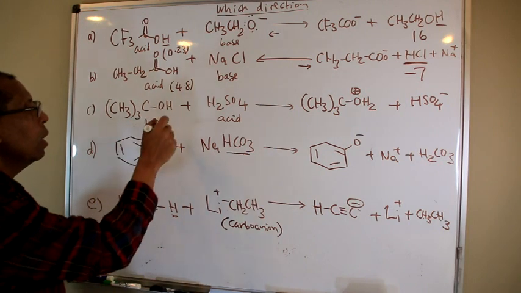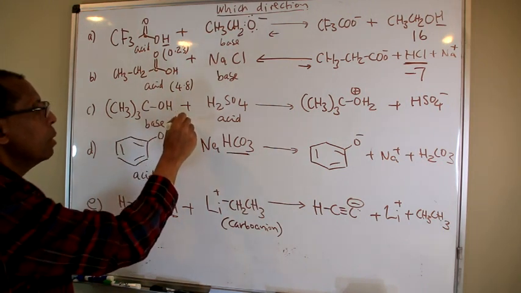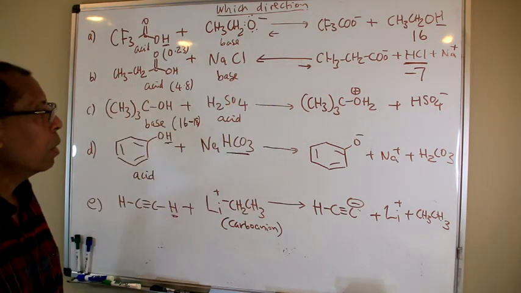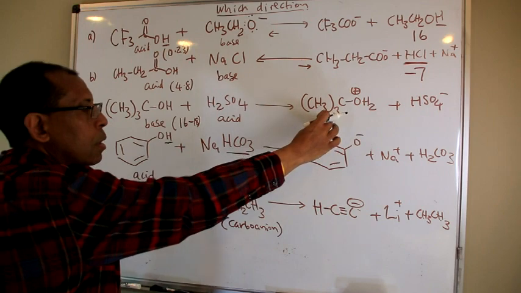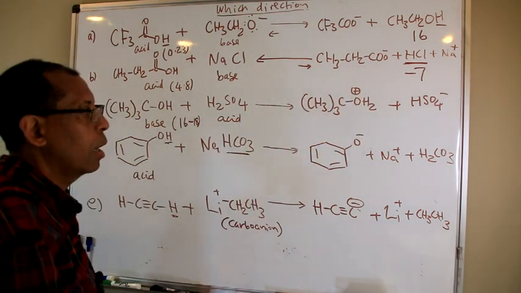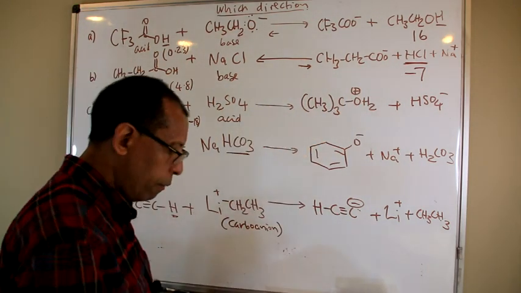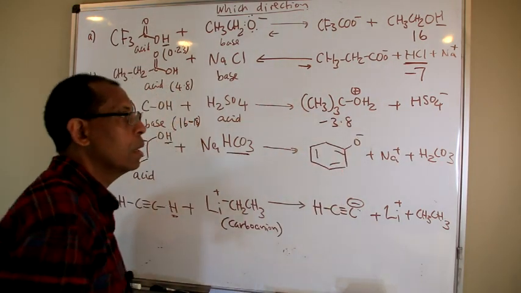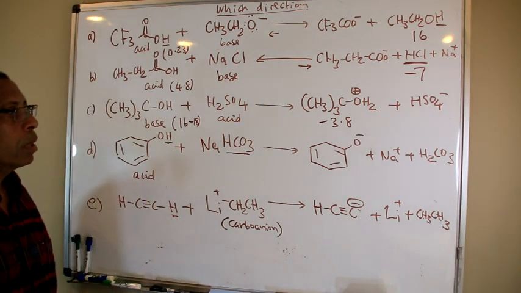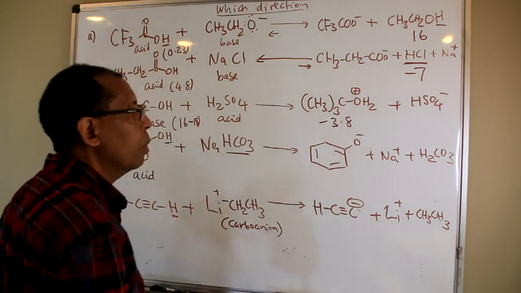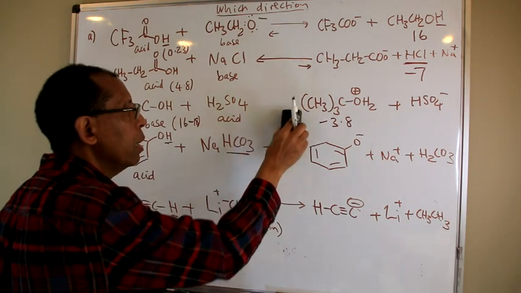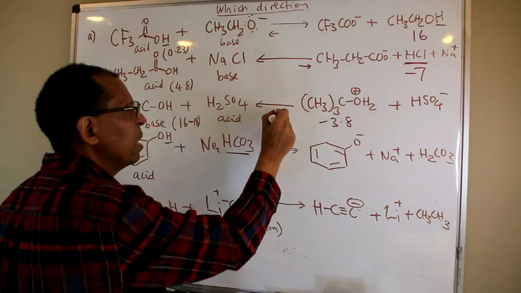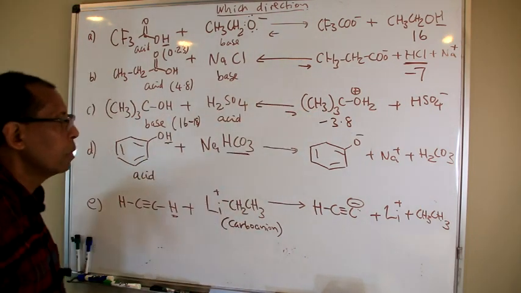Now, the conjugate acid that is formed, this very unstable cation, has a pKa of close to -3.8, a very strong acid. So the equilibrium doesn't go in that direction. The equilibrium is not in favor of forming a strong acid. The reaction lies to the left side.